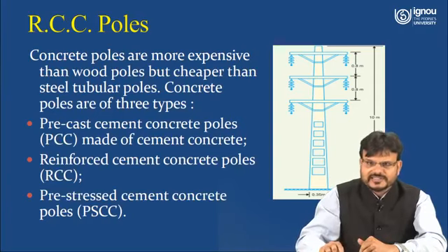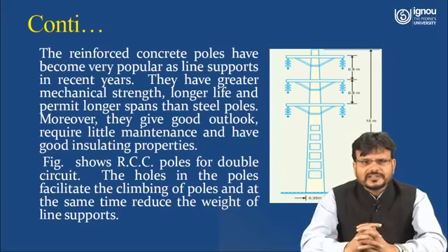Here you can see it in the diagram. Reinforced concrete poles have become very popular as line support in recent years. They have greater mechanical strength, longer life, and permit longer spans than steel poles. Moreover, they give a good outlook, require little maintenance, and have good insulating properties.